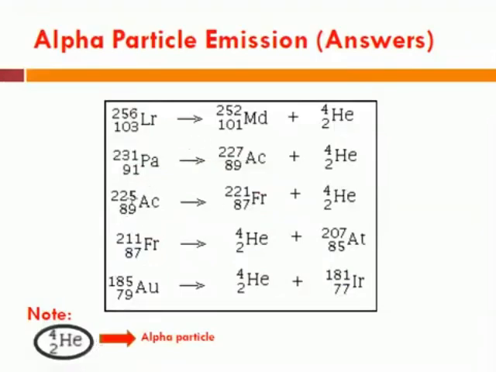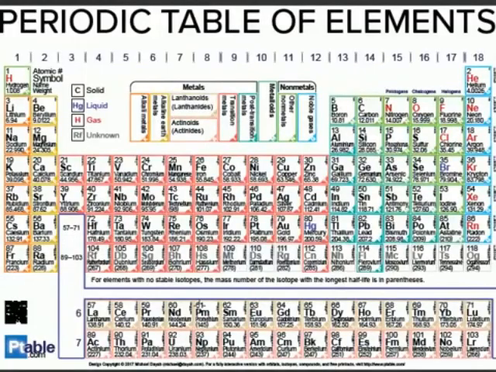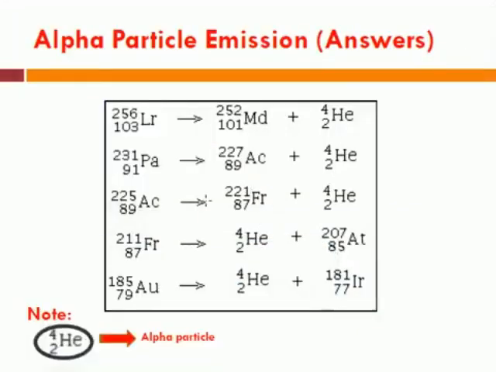Next, for number 3, we have 4 minus 225, so we have 221 here. Then 2 minus 89, so we have 87. And the element with atomic number of 87, this one, is francium. So that is the answer for number 3.